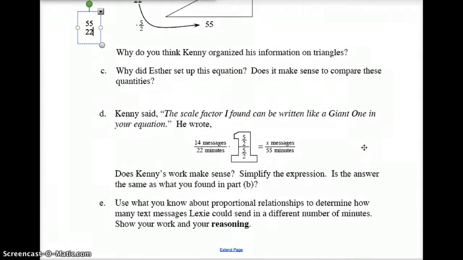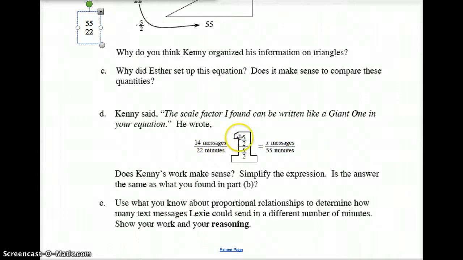Another way of thinking about this is if she can do 22 minutes for 14 messages and 55 minutes for X number of messages, you just have to multiply the top by the same thing you multiply the bottom by. We call that the big one theory. So if you take 22 times 5 for 110, divide that in half, you get 55.